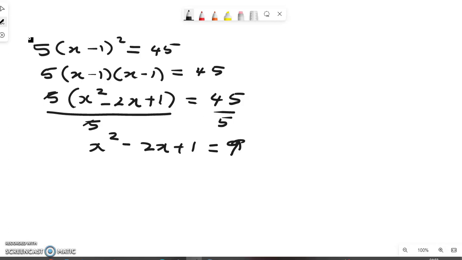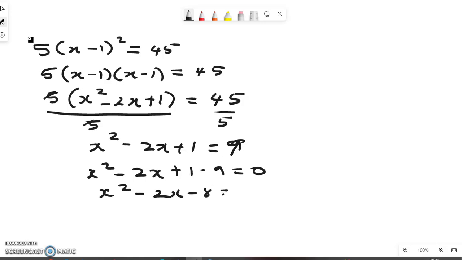So it will be x squared minus 2x plus 1 minus 9 is equals to 0. So this is x squared minus 2x minus 8 is equals to 0.